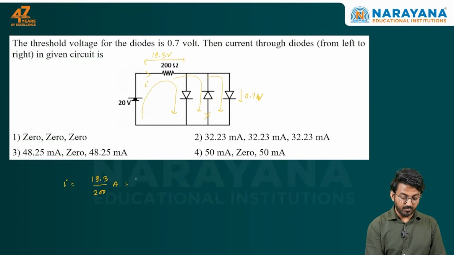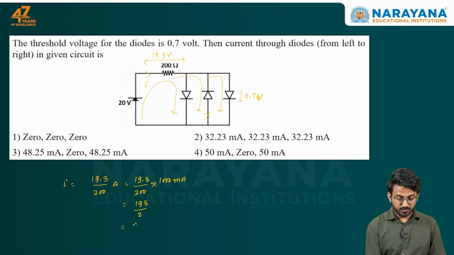Converting it to milliampere, that is 19.3 by 200 into 1000 milliampere, finally giving us 193 by 2, which is equal to 96.5 milliampere.